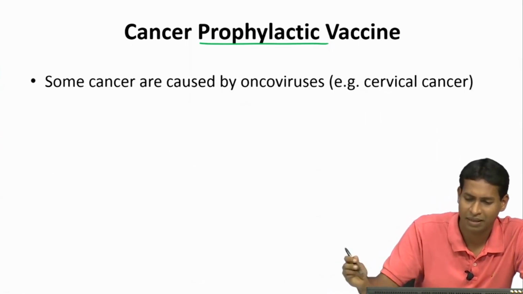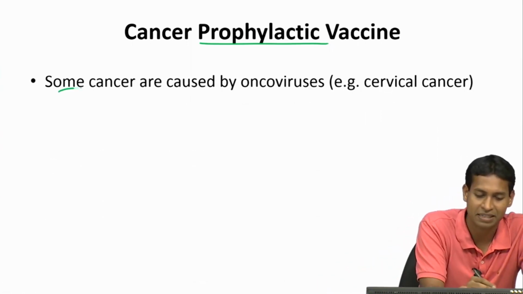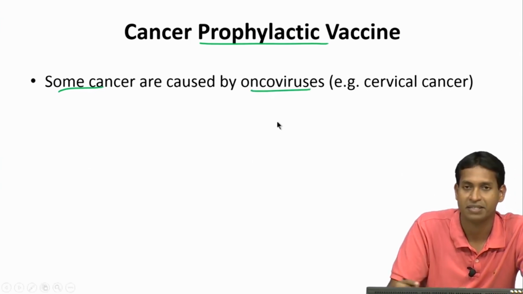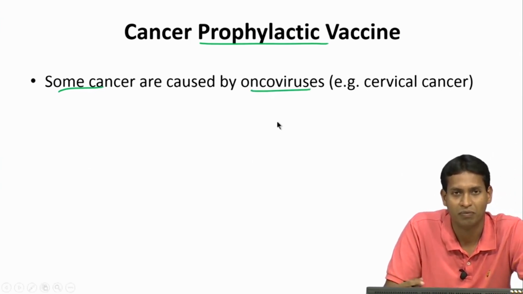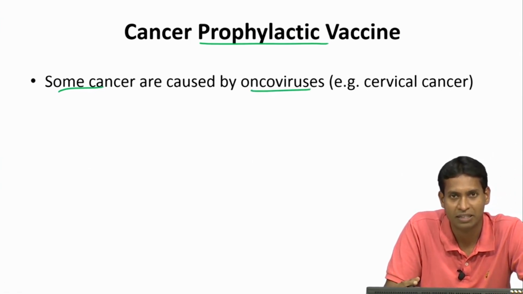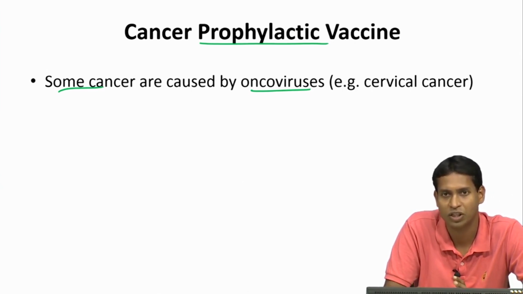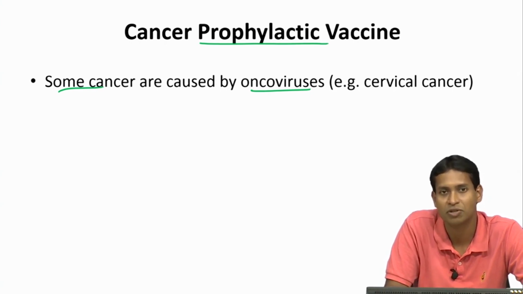The really simple reason is that some cancers are actually caused by oncoviruses. We have previously talked about how adenoviruses or retroviruses can go into your genome and put their genome in there, basically putting very strong promoters in front of genes that were not supposed to have them.